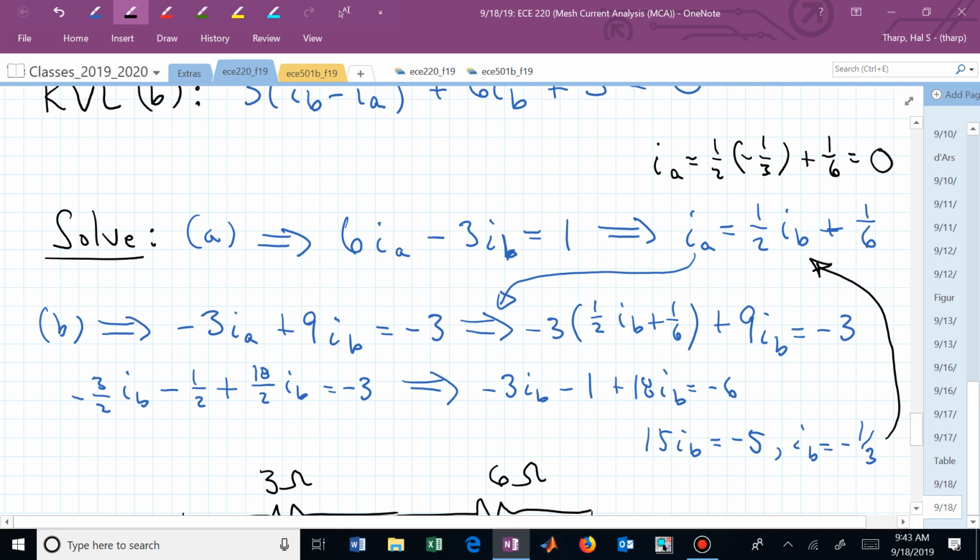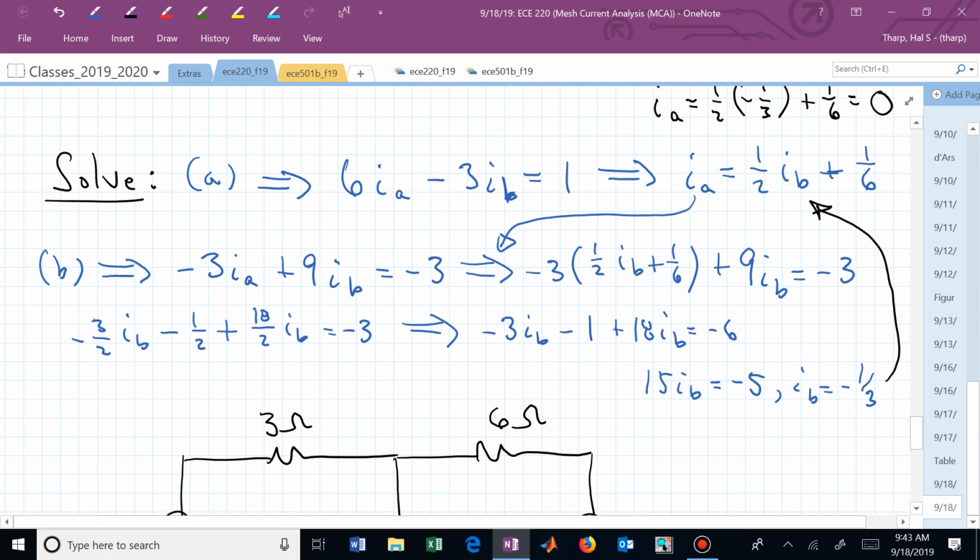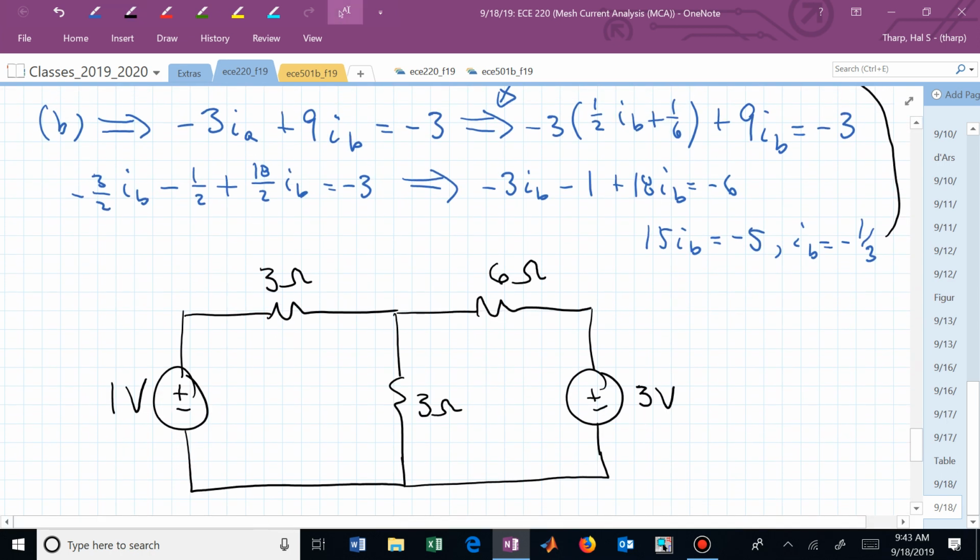That mesh current is 0. Meaning, if we plug that information in down here, we have learned that this current, I sub B, is minus 1/3, and this mesh current, I sub A, is 0.